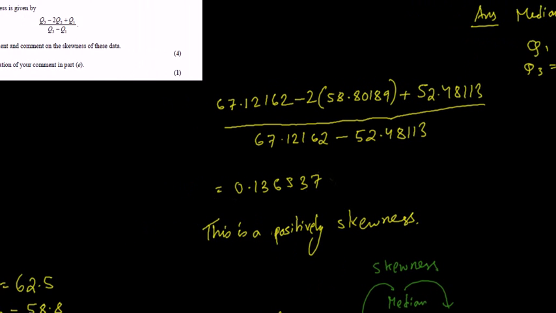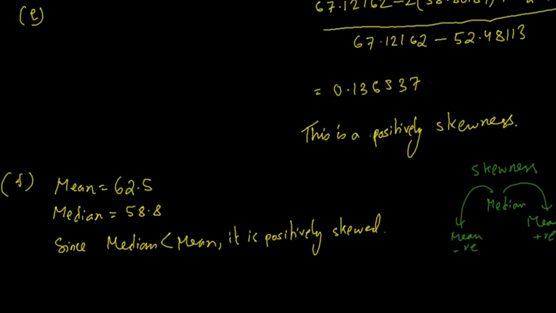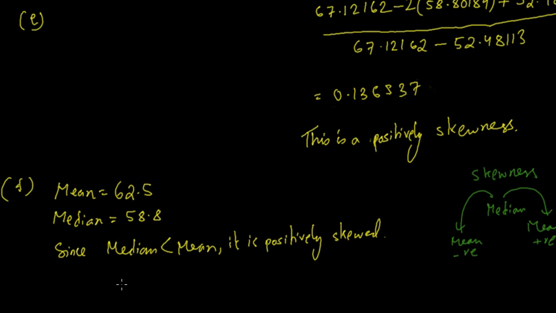So we are lucky we just found this, because these two have to match. So positively skewed. So this is the calculation. The calculation is very long, it's tiresome. If you practice over and over again, it'll be alright.